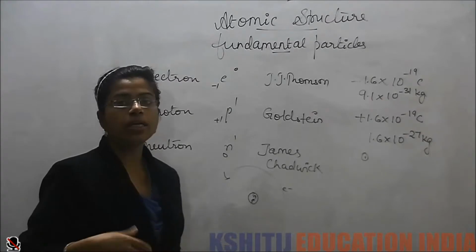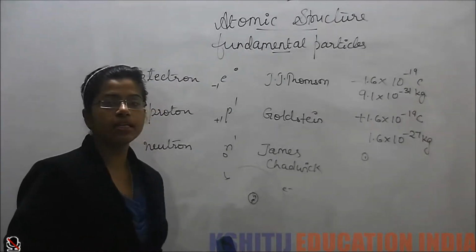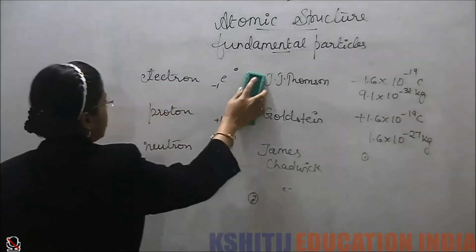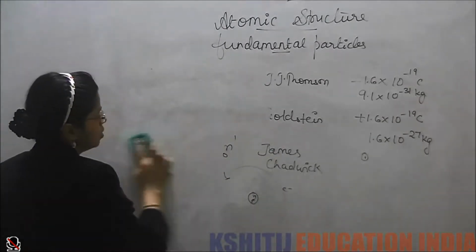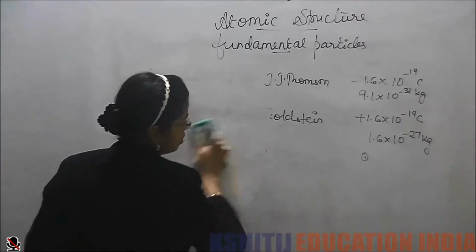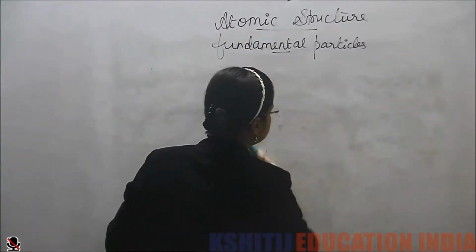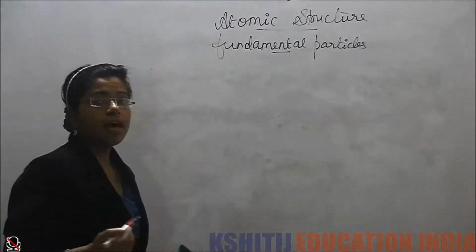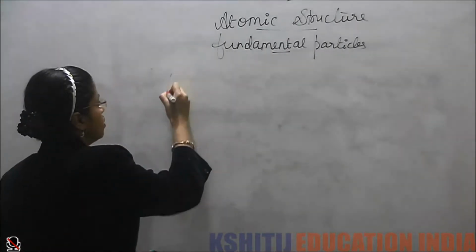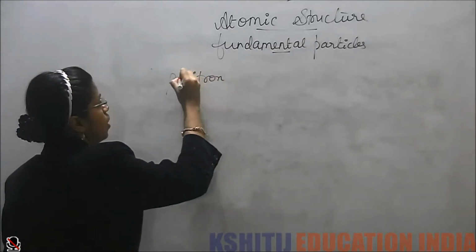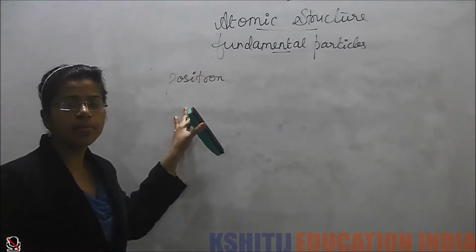Now, beyond these three fundamental particles, a few more fundamental particles are there. Suppose, positron. Positron is another fundamental particle.